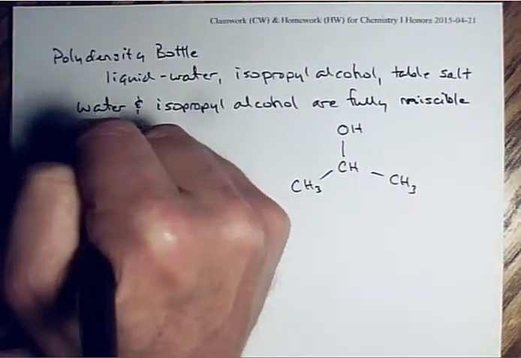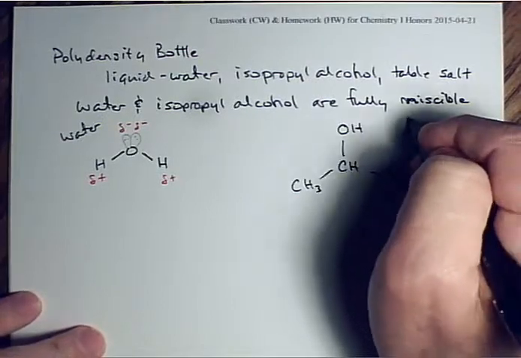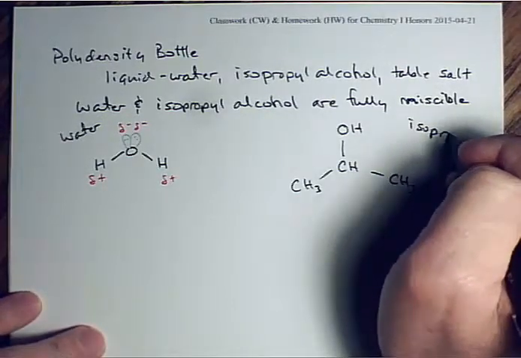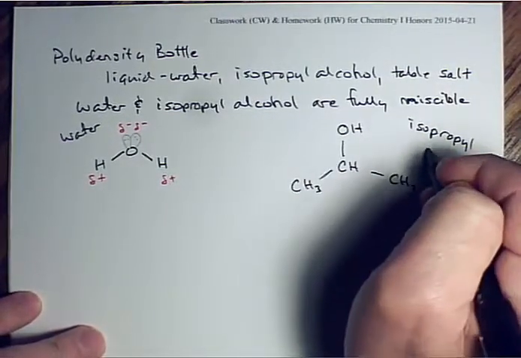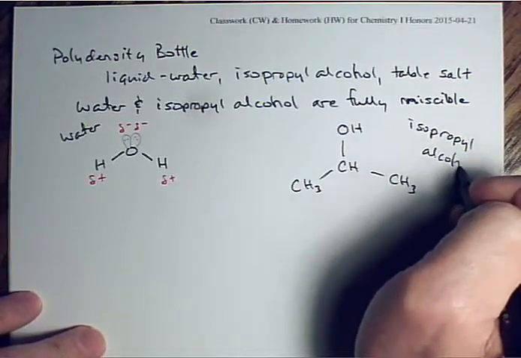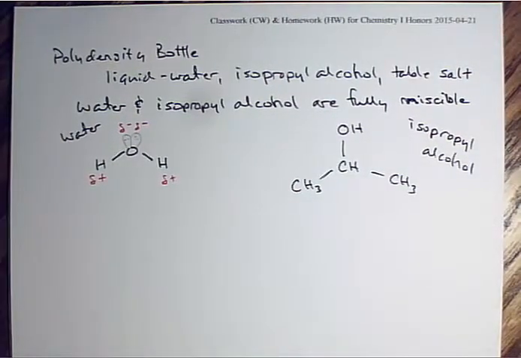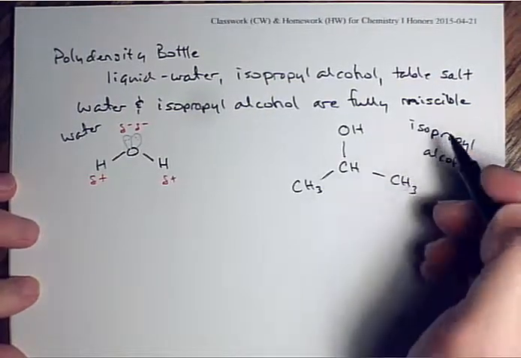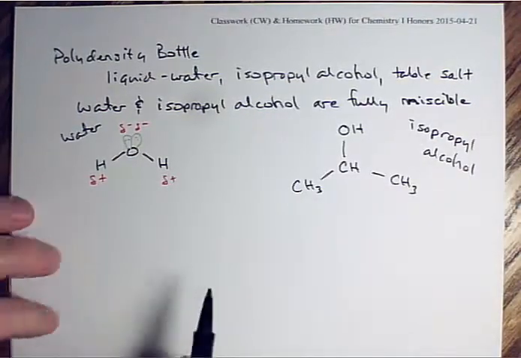So water here, and isopropyl alcohol over here. The proper name, if you're going to use the IUPAC name, would be 2-propanol, but we name it propane 2-ol just to be more consistent in our naming system in this class, since we're beginning to understand how to write the names of organic chemicals.